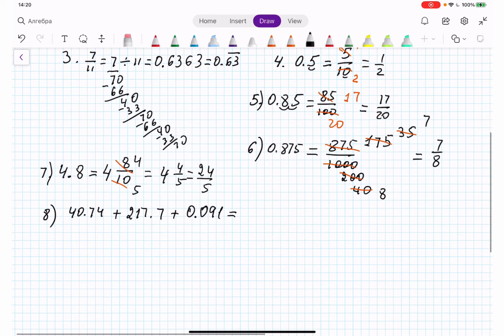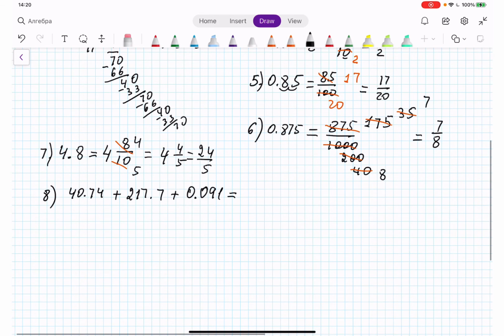Okay, let's see how I'm adding. You're always going to start at the decimal point. Let me write down the first number, 40.74. Okay, 217. What is very important is that decimal notations have to line up. So from here, 217, writing down 7, 1, 2, and then 7.